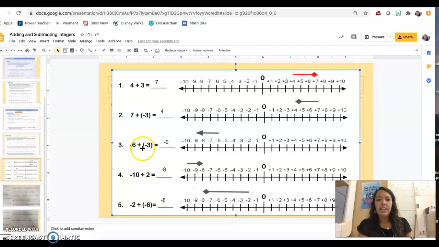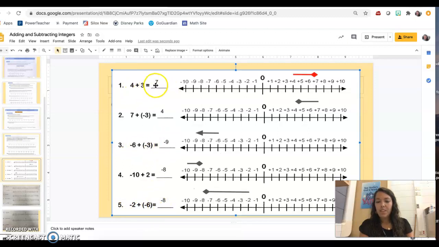When we had negative 6 and negative 3, we got negative 9. So we added 6 and 3. When we had positive 4 and positive 3, we got positive 7. So we added 4 and 3 to get 7. So, when you have the same signs, you just add and keep the sign.